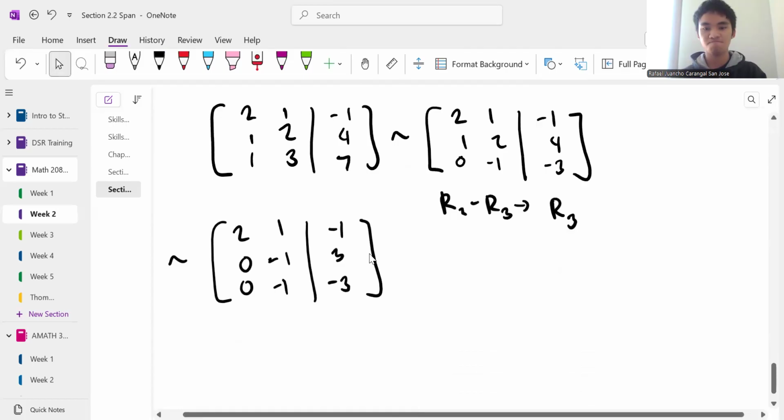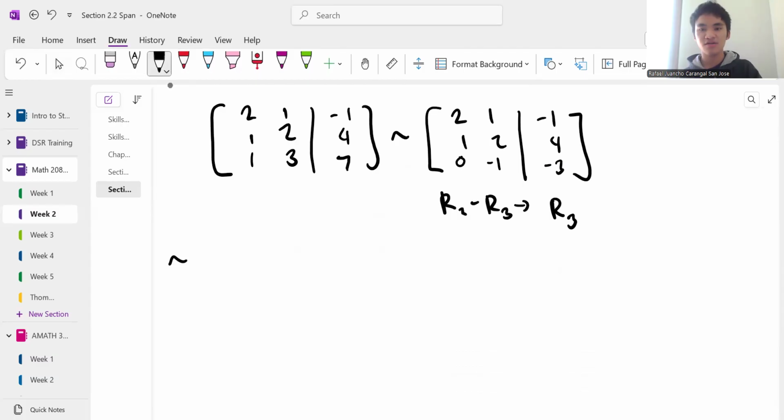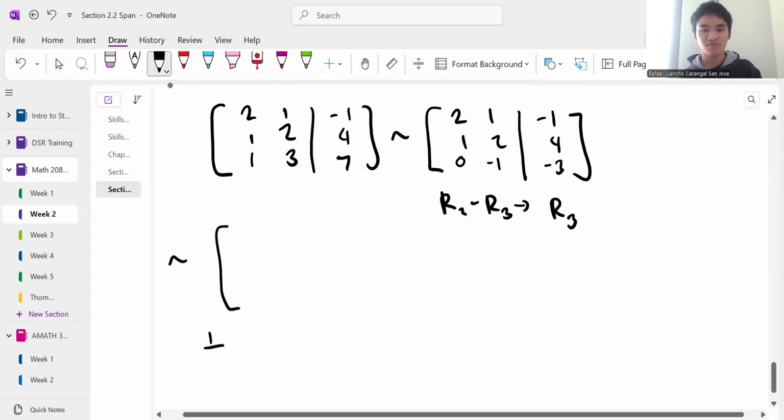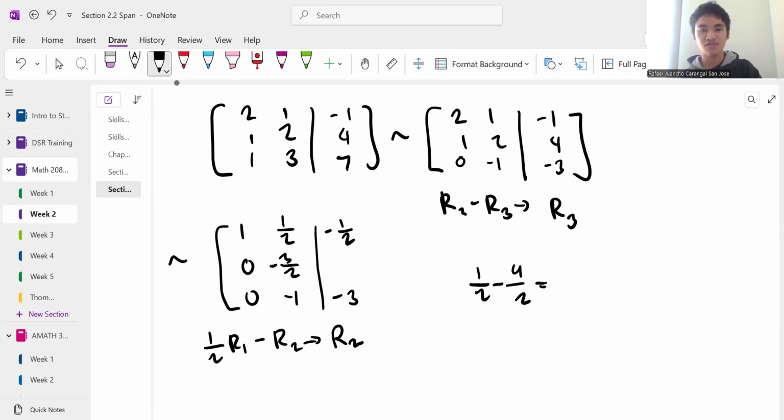So I want to get rid of this one here. So I would do a half of R1 minus R2, put to R2. Okay, this gives me a 1, 1, 1 half, negative 1 half. 1 minus 1 is 0. 1 half minus 2 is negative 3 halves.